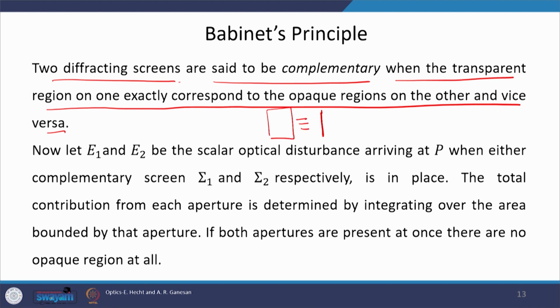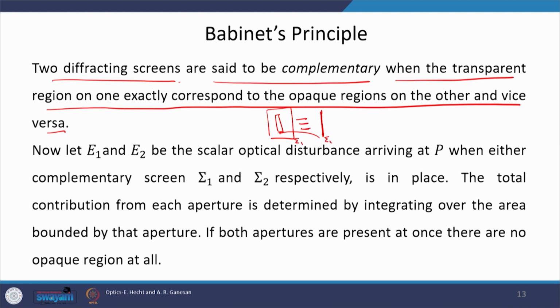These two screens are said to be complementary, because if you place this thin wire on top of this single slit, then this wire will cover up the slit and we will have a completely opaque screen. Therefore, these two screens are said to be complementary.